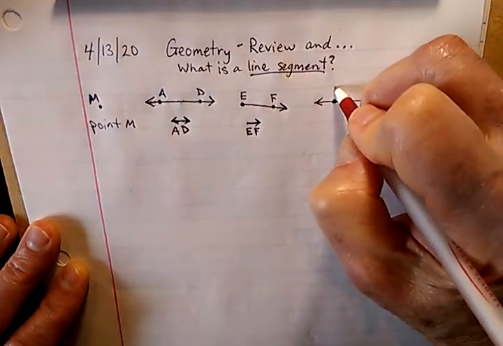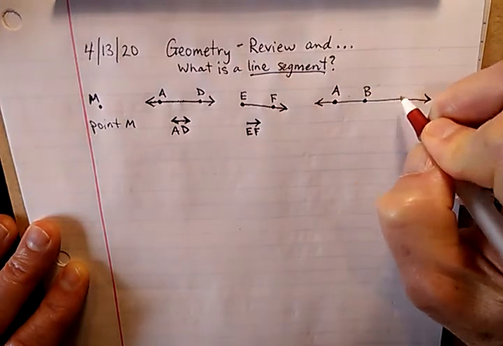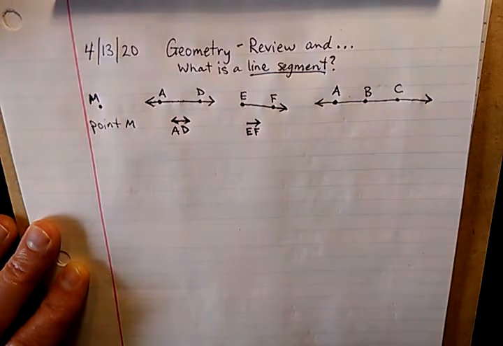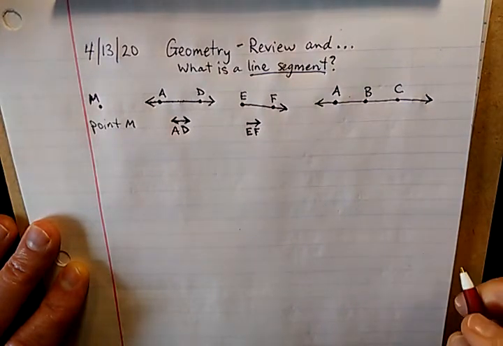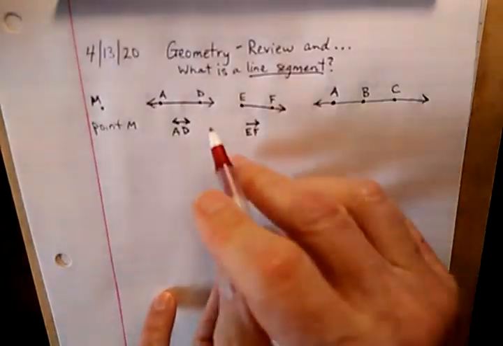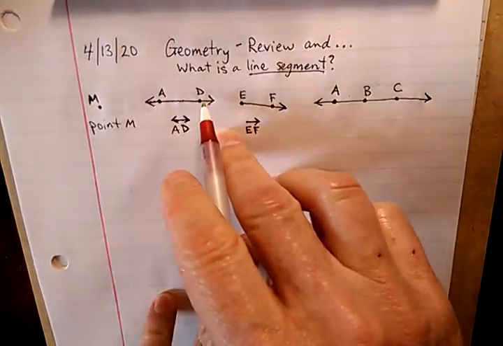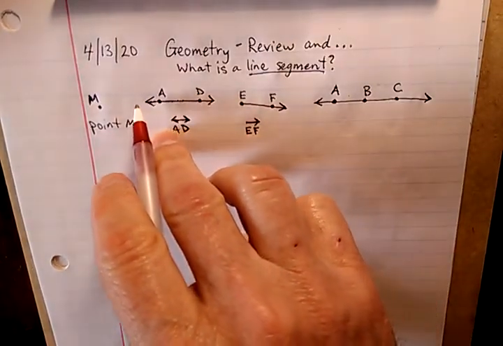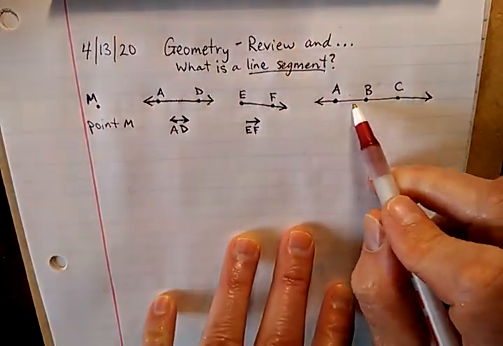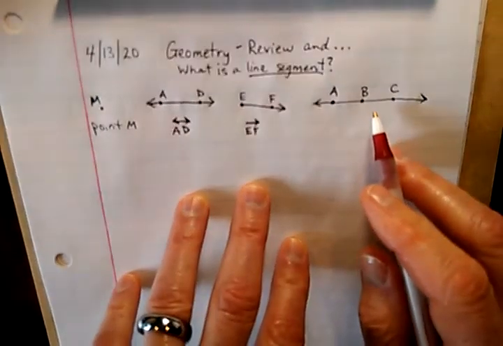We'll have point A, another point B, another point C. A line segment means we're not talking about the whole line like we are with AD over here, when we're referring to everything on the line going forever and ever in both directions. When we're talking about a line segment over here, we might be just talking about one part of the line, a segment of the line.